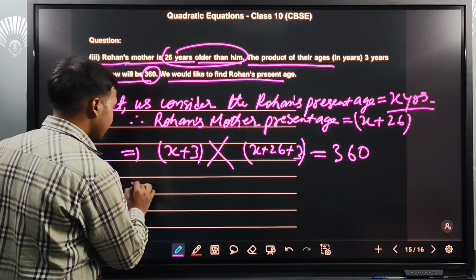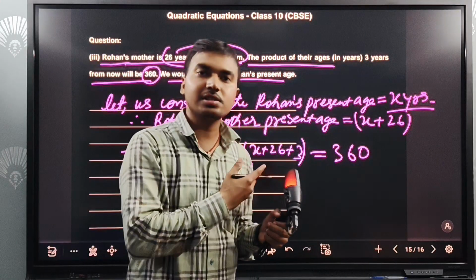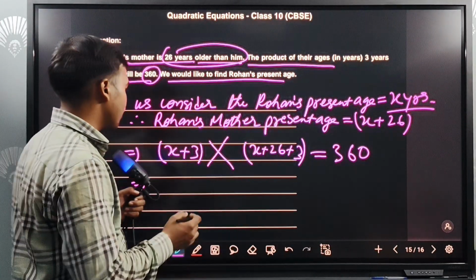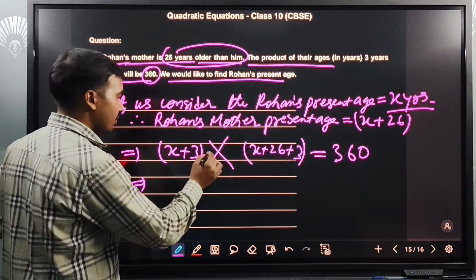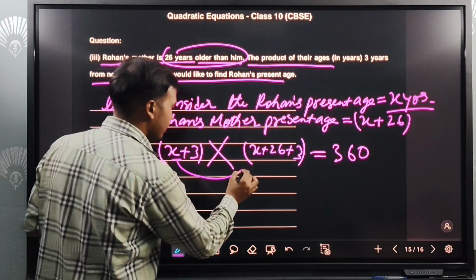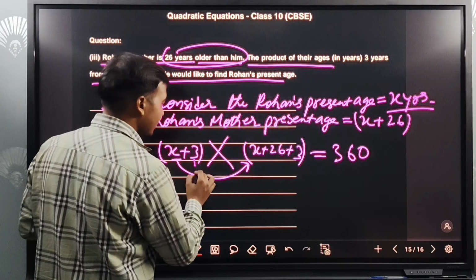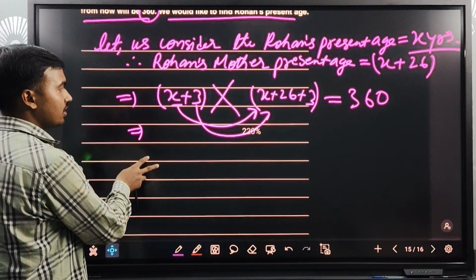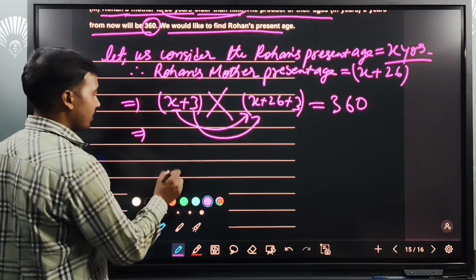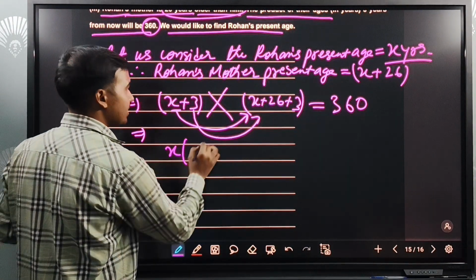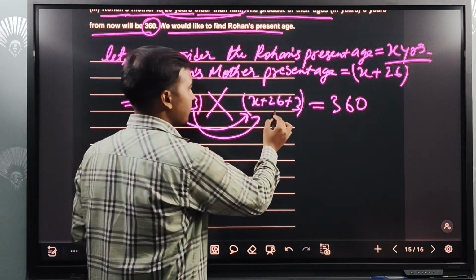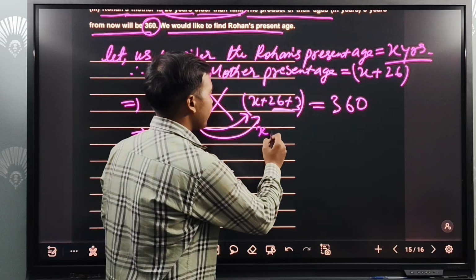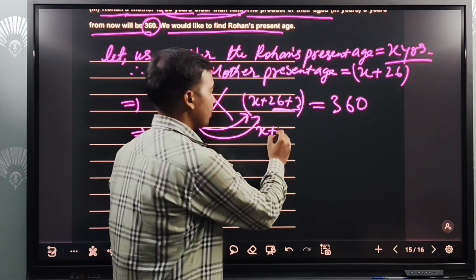Now we will solve this equation and find the required quadratic equation. For solving, we will first multiply x with the whole term and then multiply 3 with the whole term. x plus 26 plus 3 can be written as x plus 29.